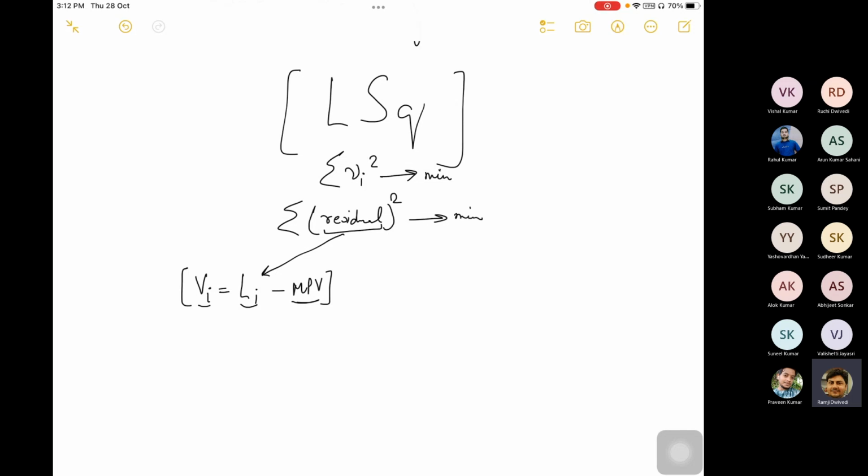But we are still not clear about the definition of MPV, the most probable value. So we just took L bar, or the mean, or simply mu L, as one estimate for the true value. So MPV in general is considered as the mean if you have N observations.